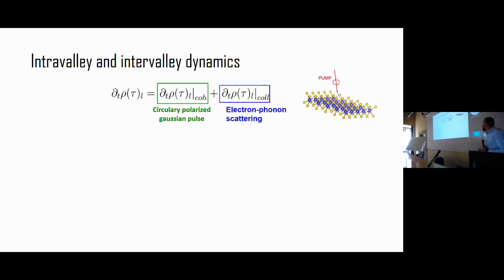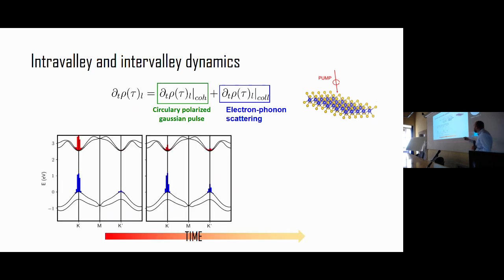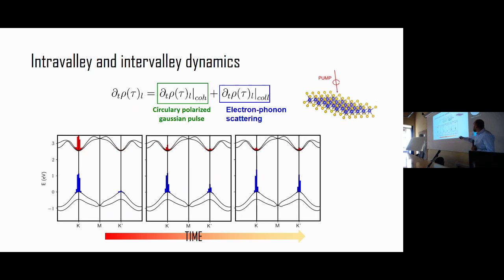And this is what we call the collision part in the dynamics. For example, if I put a circularly polarized Gaussian pulse in a TMD, you will populate one valley, but now when you put the electron-phonon, carriers will scatter. They will scatter inter-valley and intra-valley.